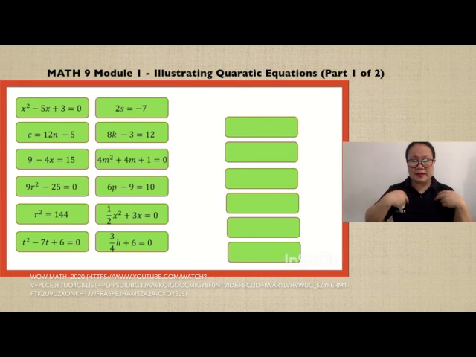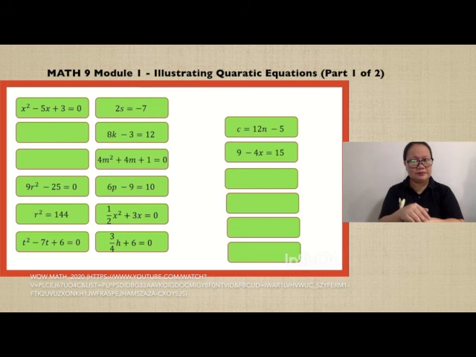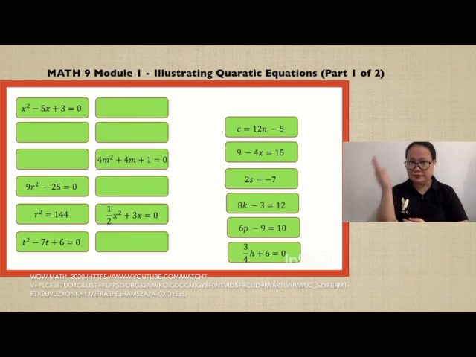Meron ako ditong mathematical equations. So, ang gagawin natin, let's try to identify the linear equations. Isa-isahin natin. Alright.